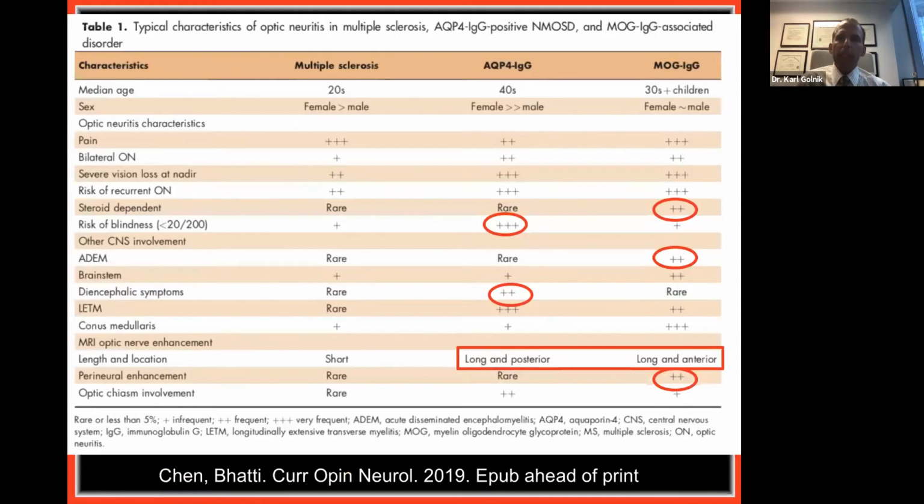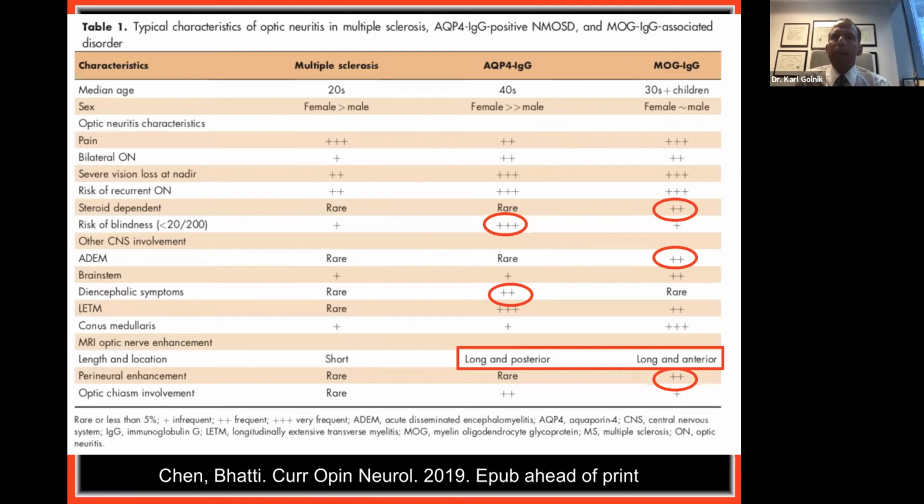And this is kind of a busy chart from a very recent, it's actually an EPUB, it's not been in print yet, in Current Opinion in Neurology, showing a table of the various characteristics on your left: MS, versus aquaporin-4, which is NMO, versus MOG.